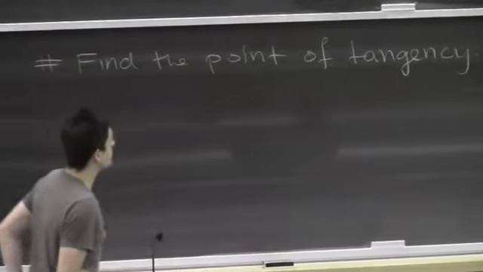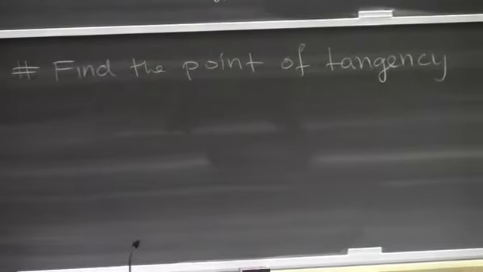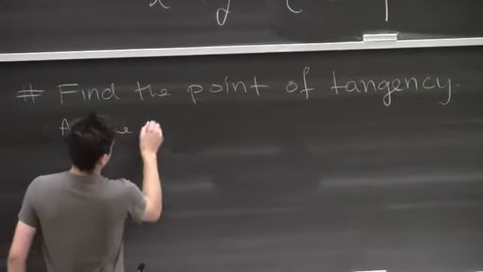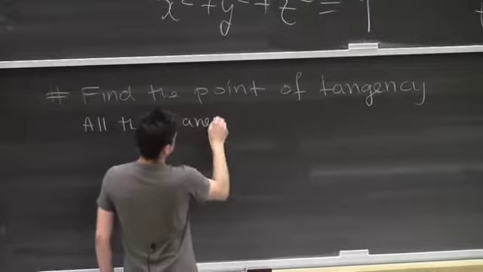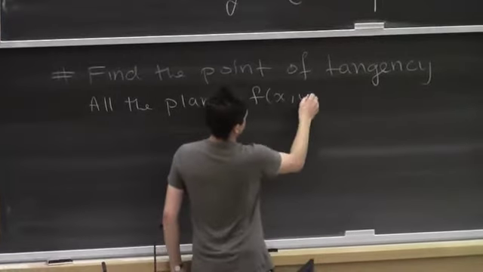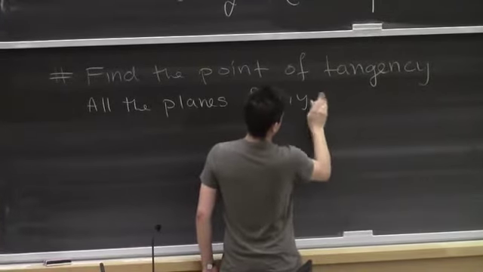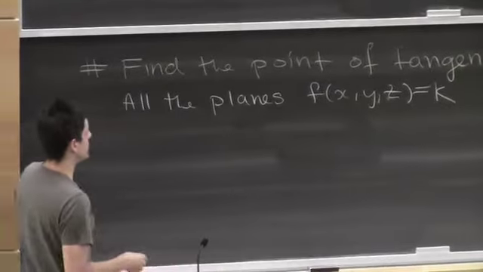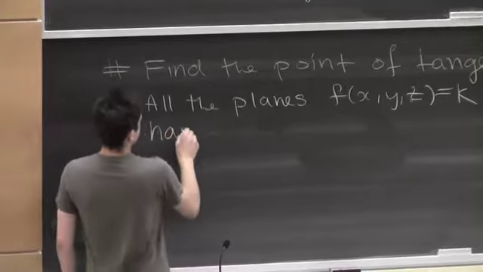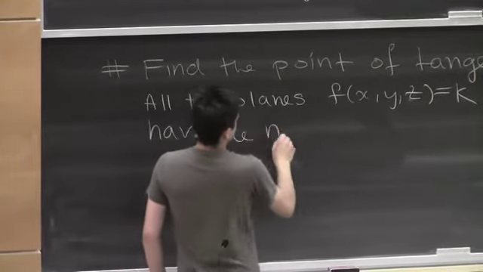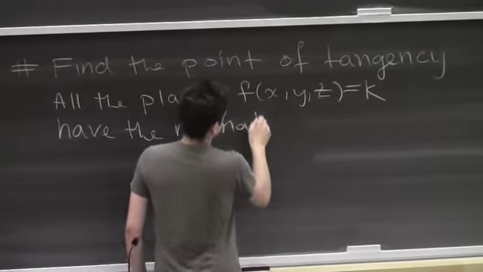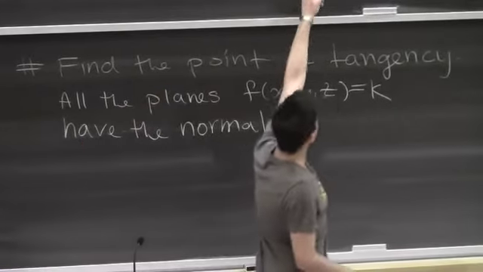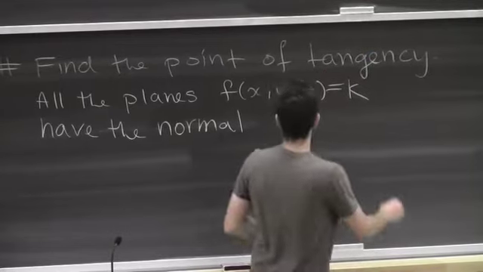So we'll put a little comment that we're going to find the point of tangency. All of these planes have the same normal, which we can get by reading off the coefficients of x, y, z here.